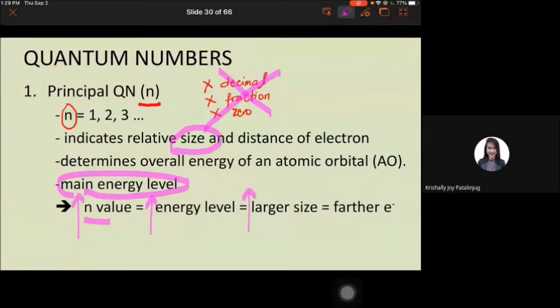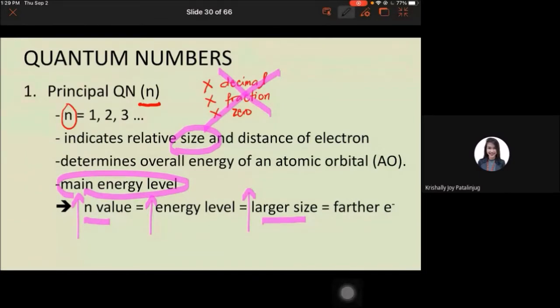Now, focusing on the size of the atom, prior to that, if you are to find out the n value of the atom, our best way to distinguish the n value is to look at the period where the atom or element belongs.